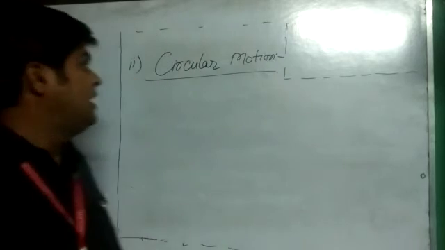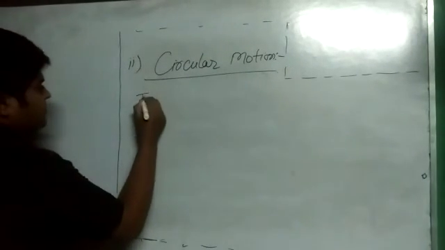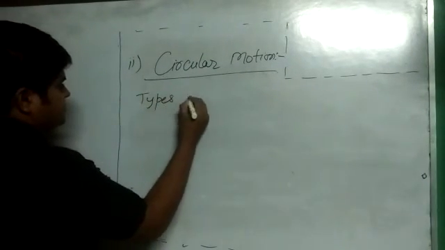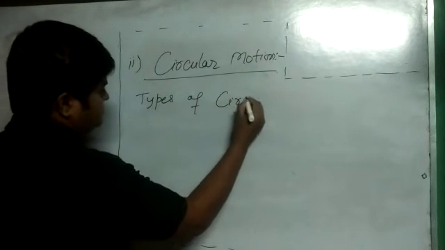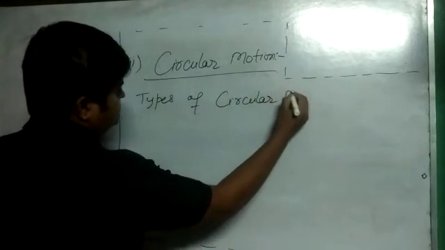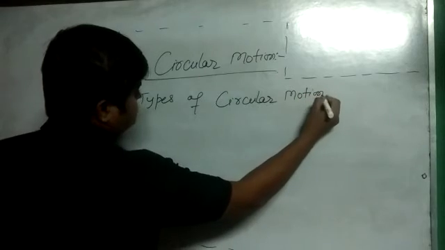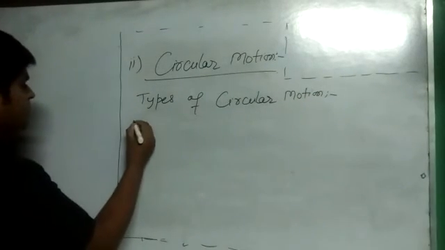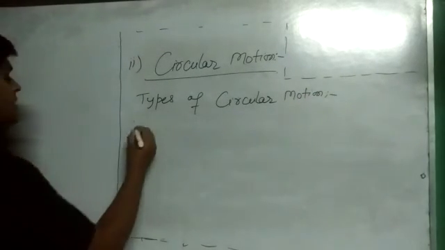Now, types of circular motion. There are two types of circular motion.